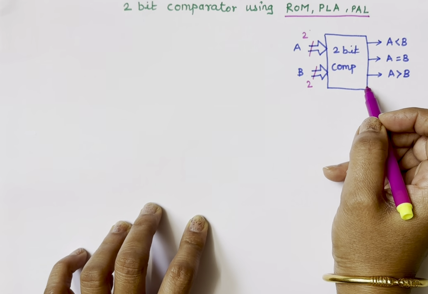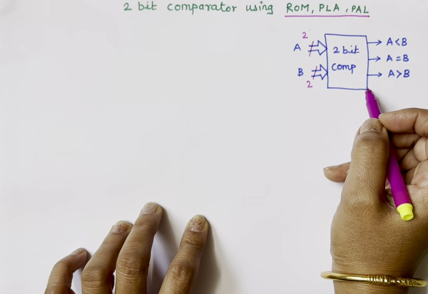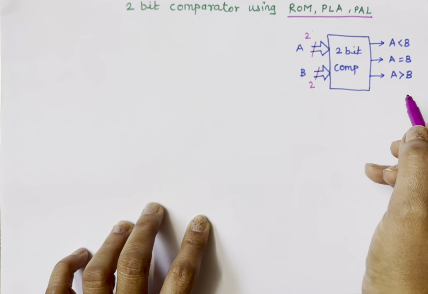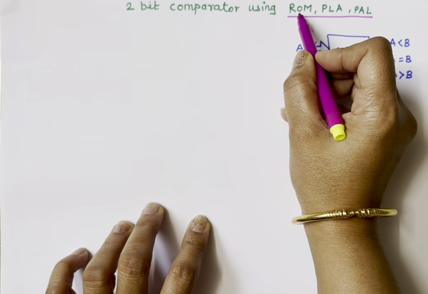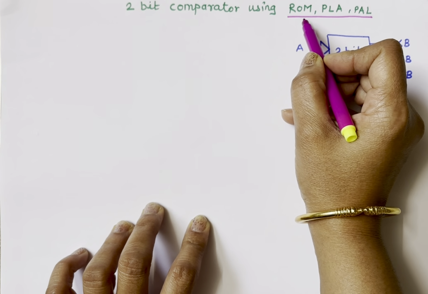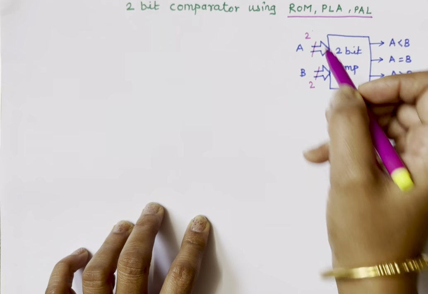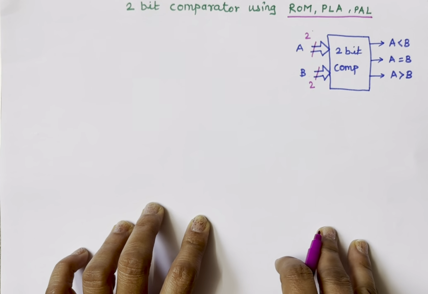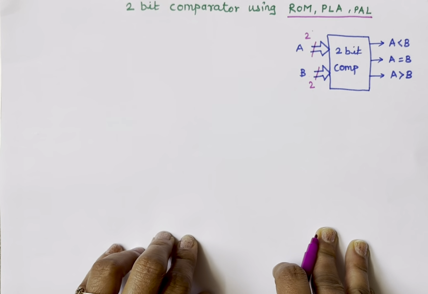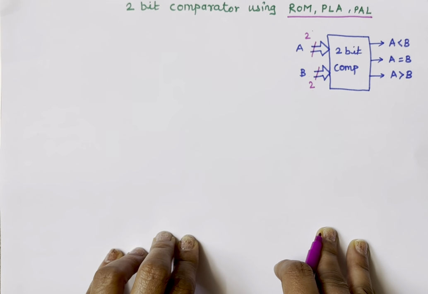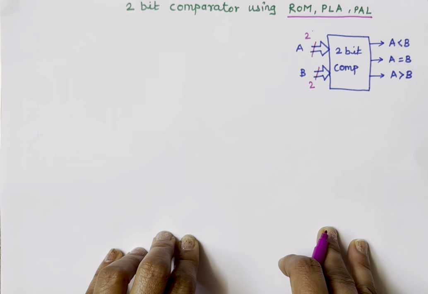Then ROM, PLA and PAL are all programmable logic devices. It means a single IC can be used for the implementation of many circuits. When we implement any digital circuit, we can implement it as sum of products form or product of sums form, and in all forms what we need is AND gates and OR gates. In case of ROM, it has a fixed AND array.